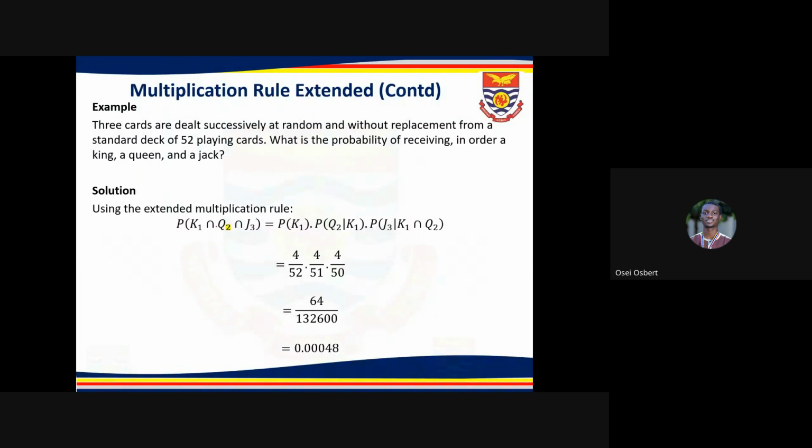Whilst probability of obtaining, how many different cards do we have in a playing card? The question is how many different cards?